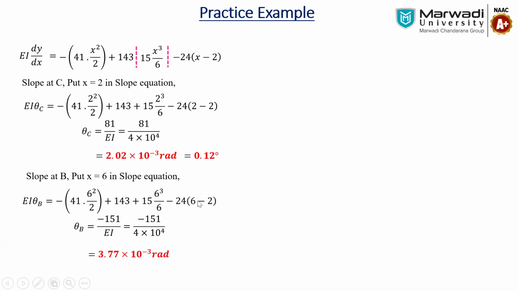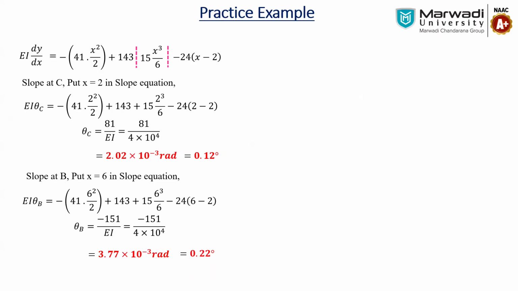It is nothing but the direction of the rotation. If we are considering plus, that means it shows clockwise rotation, while here it is anti-clockwise direction. And if we again convert this radian into degree, it will give 0.22 degree.